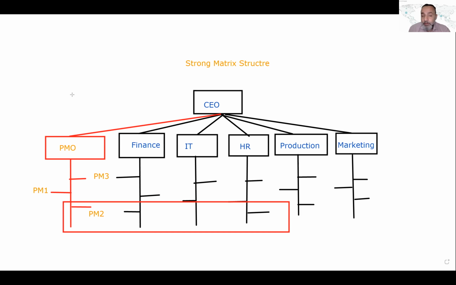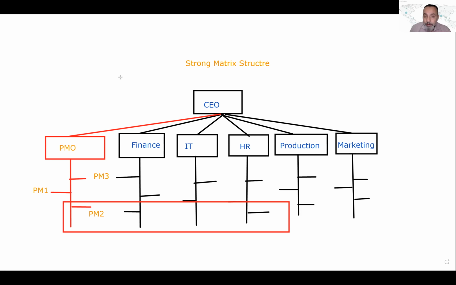Now, what's the drawback of this structure? What's one important disadvantage here in this structure? What do you think the main disadvantage of using this structure is? This structure is expensive to operate, right? Notice that you have created a new department, you have hired professional people, and they take, of course, high salaries, right?